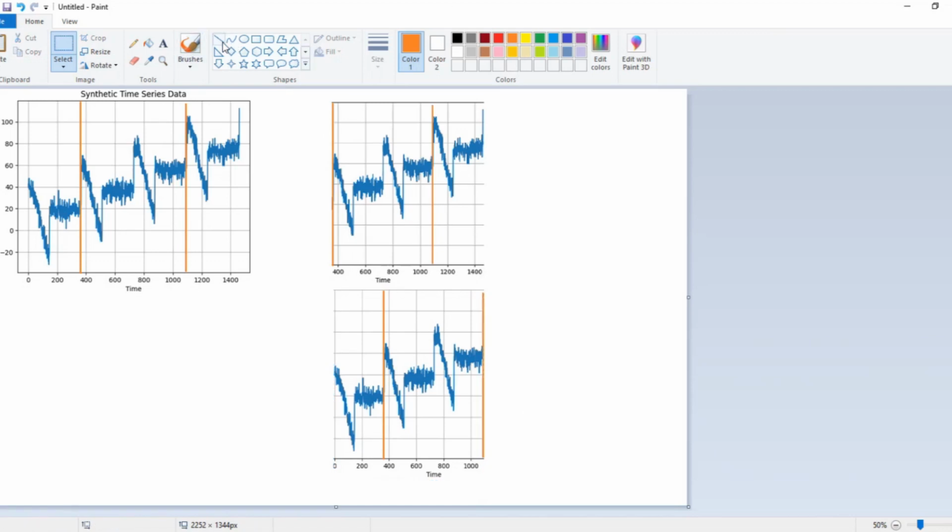Okay. Now, if we take data points, we need to apply differencing. That means we need to subtract whatever values are here from these values. If you'd also like to see a sample, let's take green this time. We need to subtract this value from the earlier value.